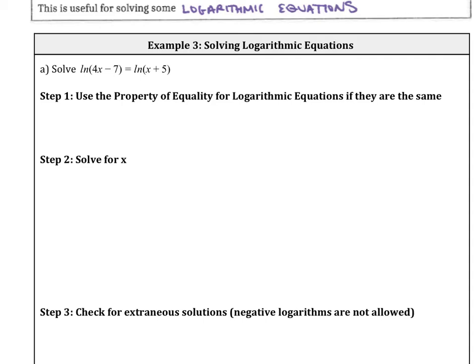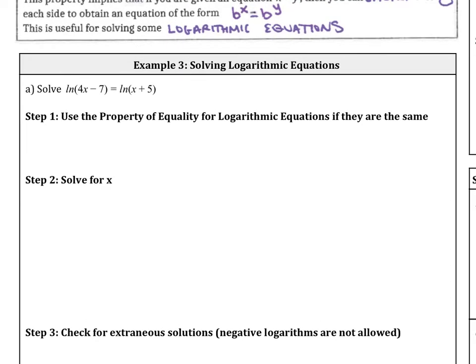We have natural log of 4x minus 7 equals natural log of x plus 5. Because of the property of equality for logarithmic equations, we can just set what's inside equal to each other. So just drop these natural logs and rewrite it as 4x minus 7 equals x plus 5. Now we're solving a linear equation.